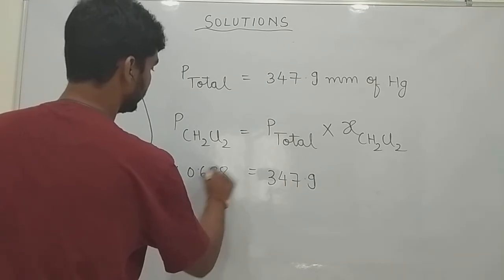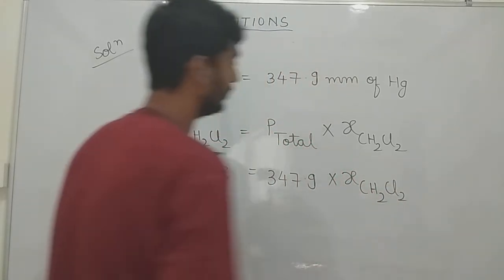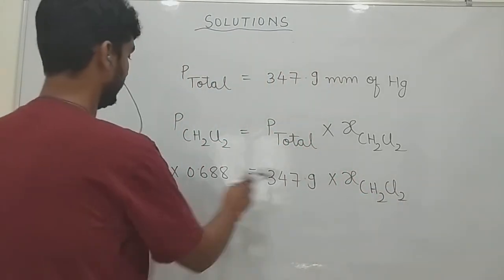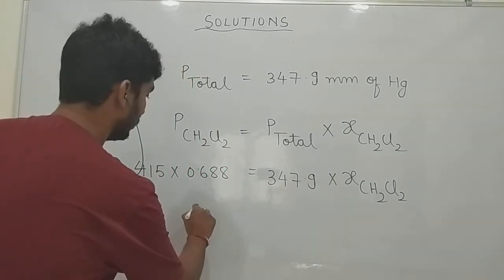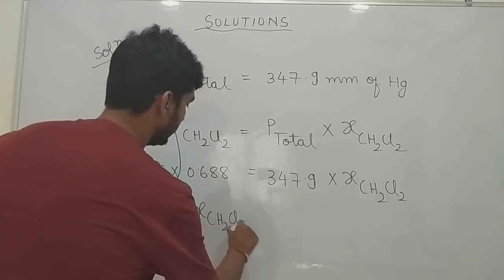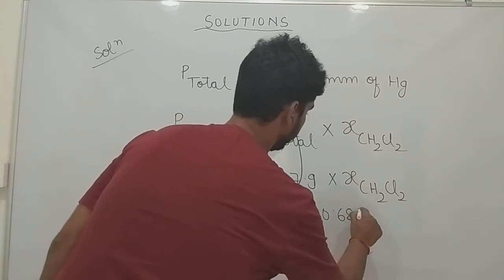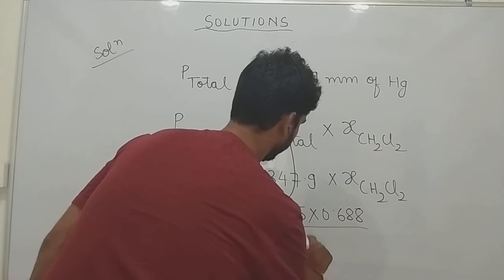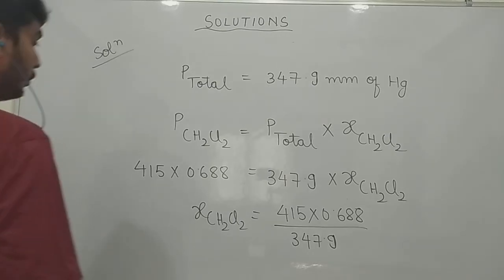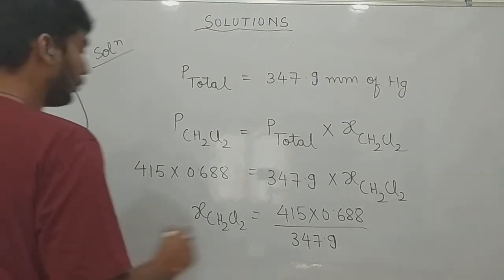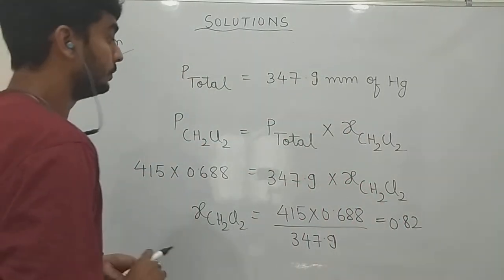The mole fraction of CH2Cl2 is obtained by dividing this by the total pressure, so it is 415 into 0.688 divided by 347.9. The mole fraction of CH2Cl2 comes out to be around 0.82. Kindly calculate and evaluate this.